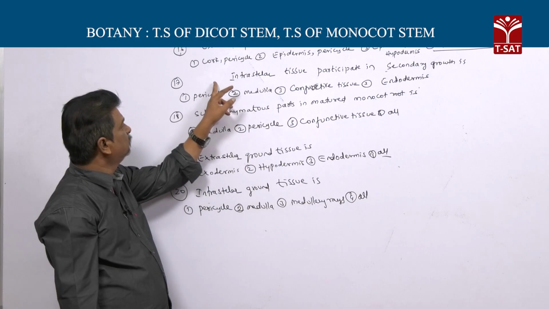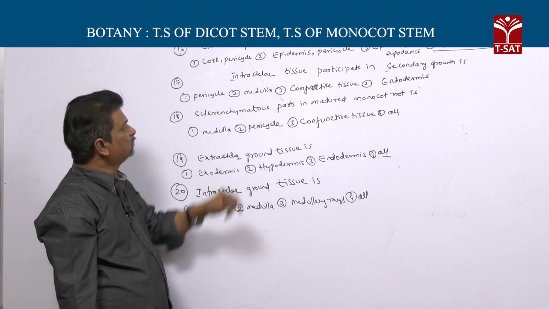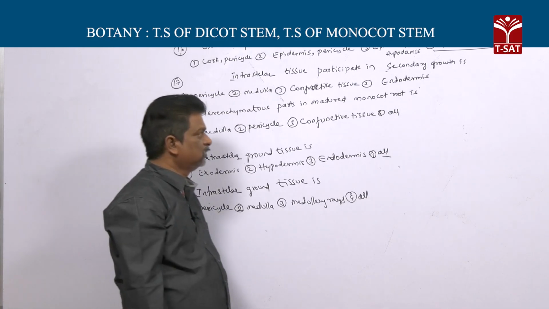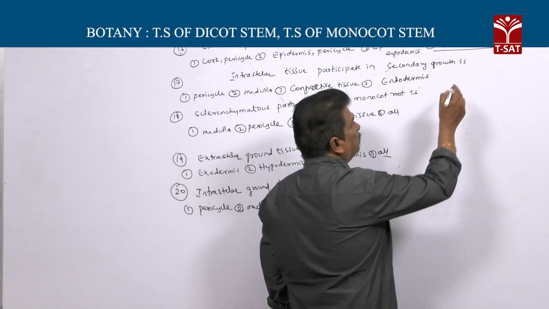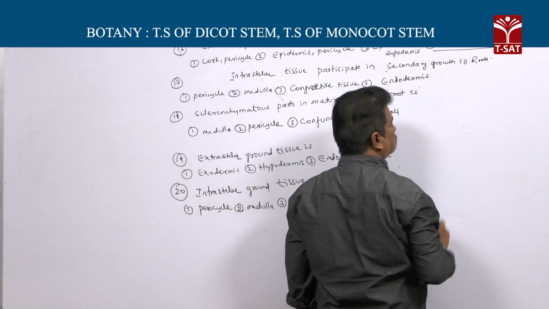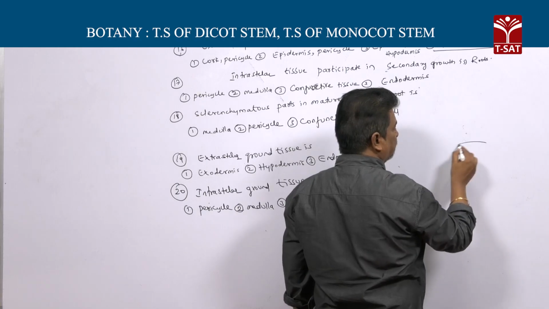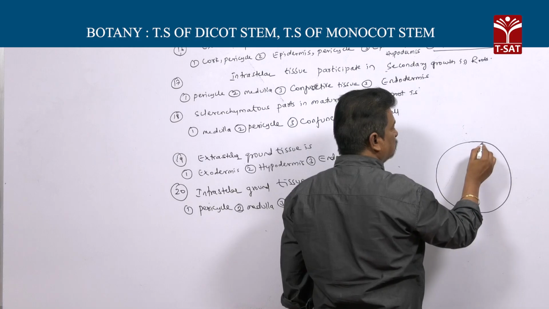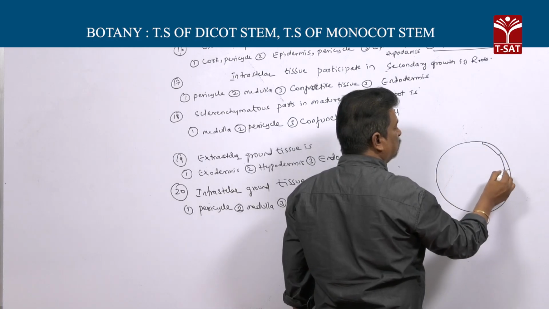Next question: intrastelar tissues that participate in secondary growth in roots. Secondary growth in roots is common in dicot root.